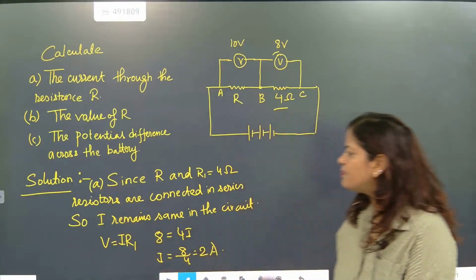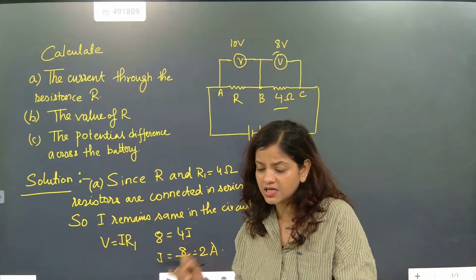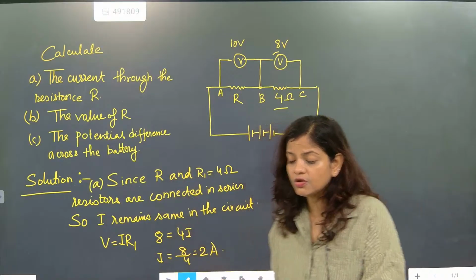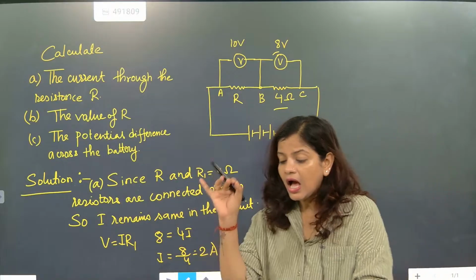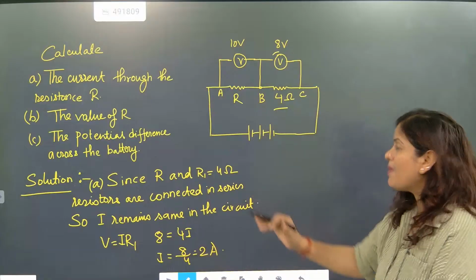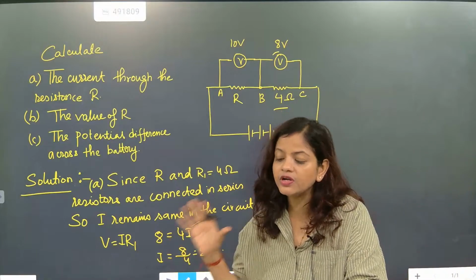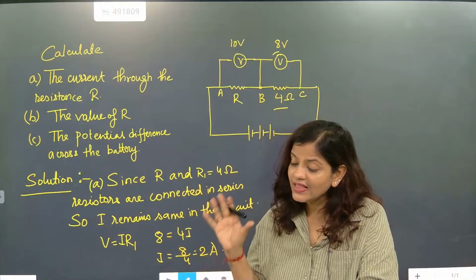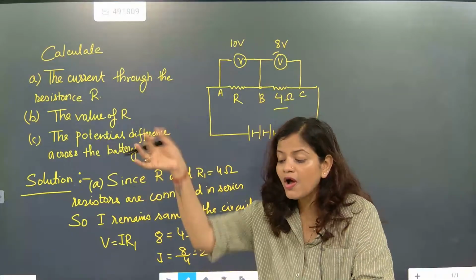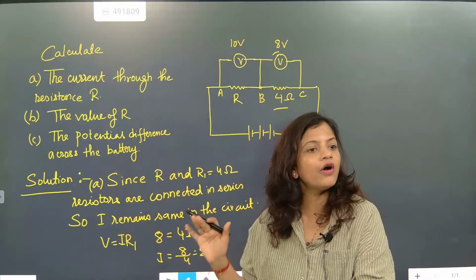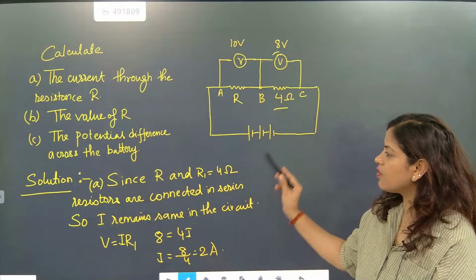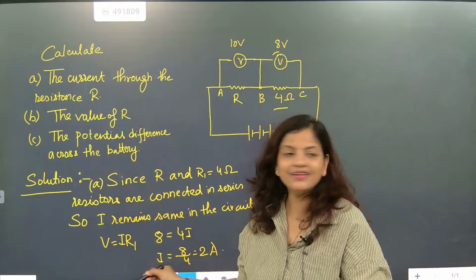How to give a perfect answer? Only solving the numerical is not enough. In the examination, no matter they have given this circuit, your duty is to draw it again. Remember, draw it again. After drawing it, write the first part like this.